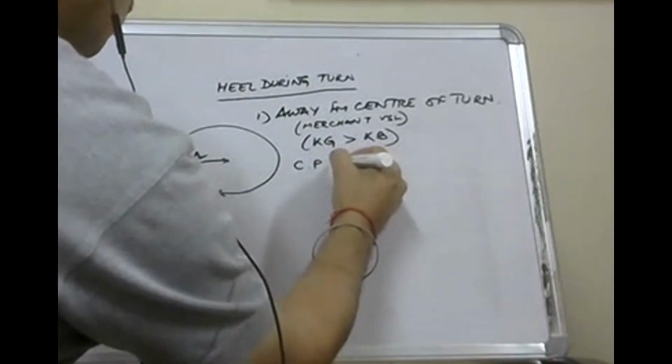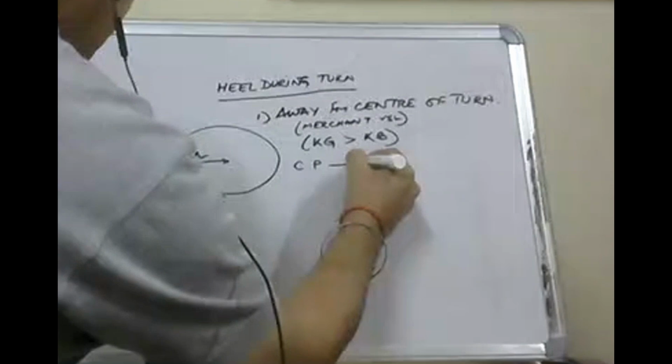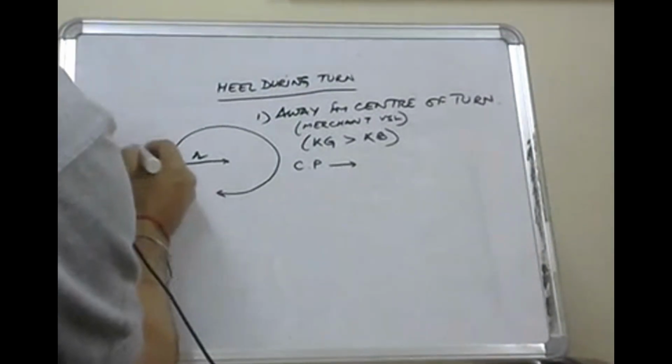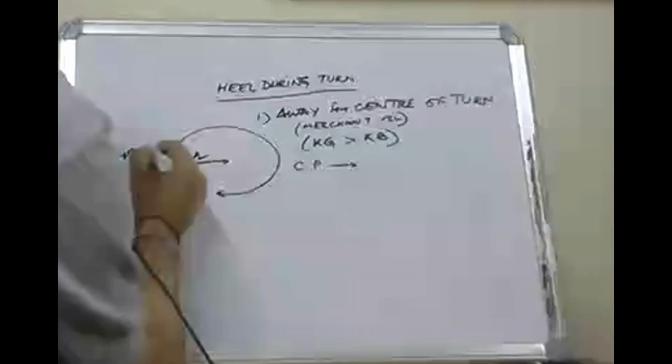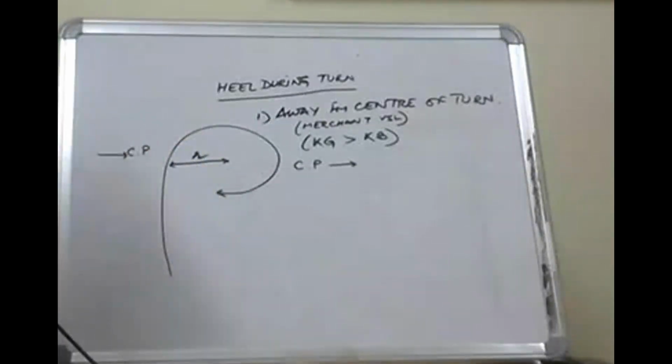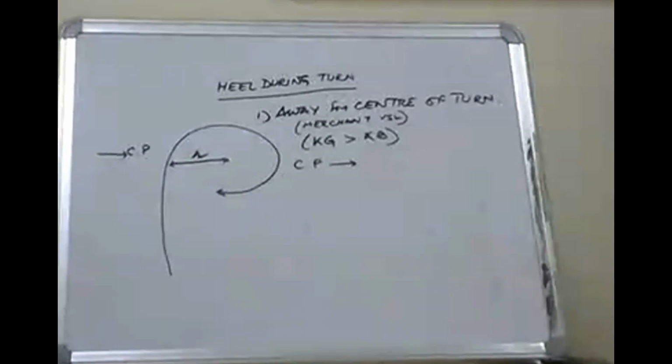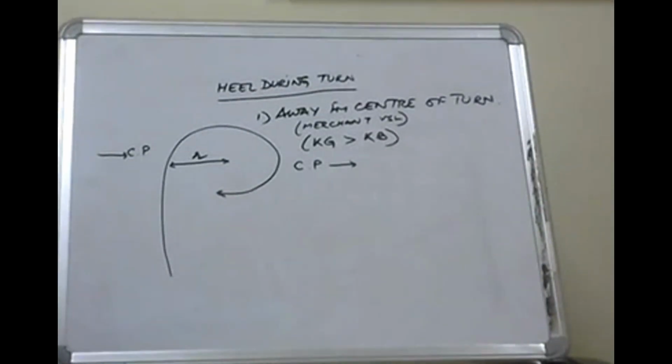So centripetal force acts inward. Equal and opposite, there is going to be a centrifugal force, which will be taking it away from the center of the turn.